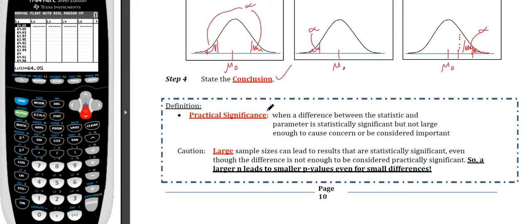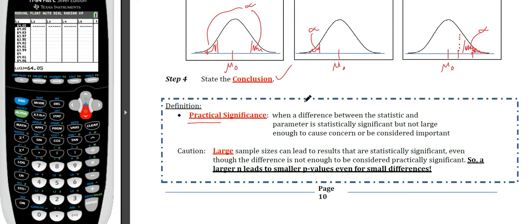If that ends up being significant, then I'll say that there's a statistically significant difference. However, that might not be practically significant depending on the circumstance I'm working with. So take a step back and think, is there really any point to this? A best way to think about it: would this be something that you would read in the paper? If so, then it may be practical. But if it doesn't seem relevant at all, it may not have practical significance.